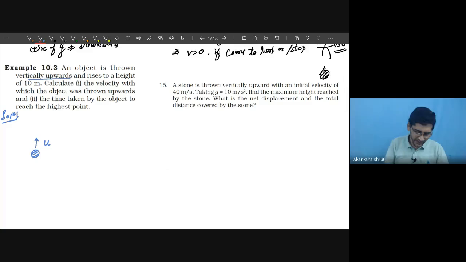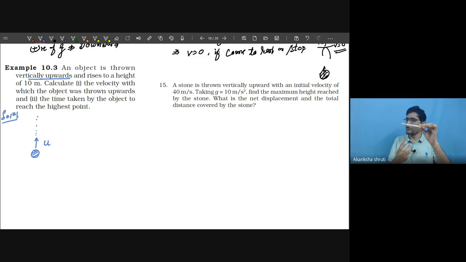Now, while it is thrown upward and continues to move upward, you are observing everything returns after some time. Why? Because of the earth's pull. The earth is always exerting an acceleration downward.